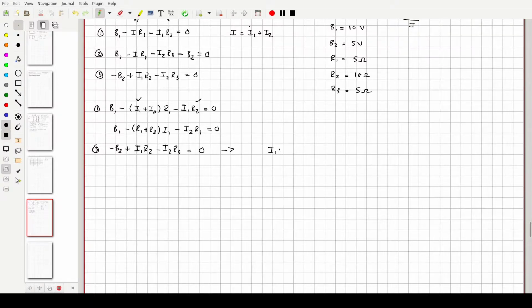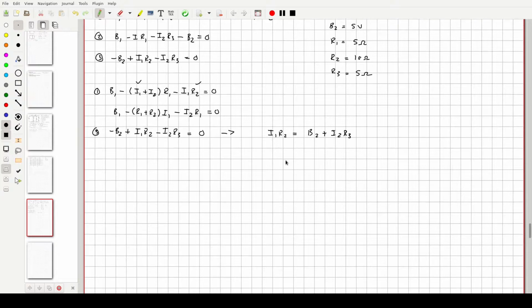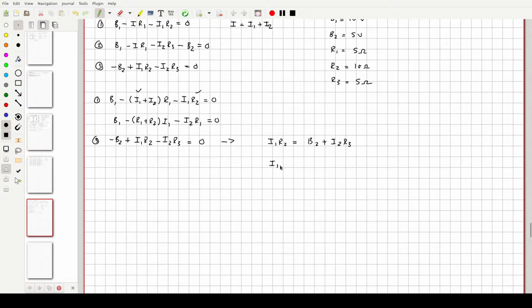I have I1 R2 is equal to B2 plus I2 R3. Now I'm going to divide both sides by R2. And that's I1 in relationship to I2.